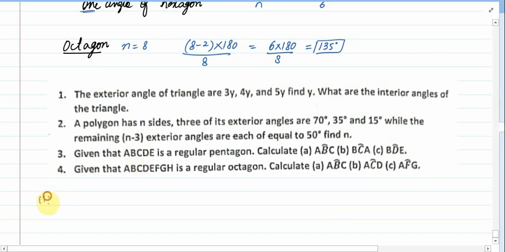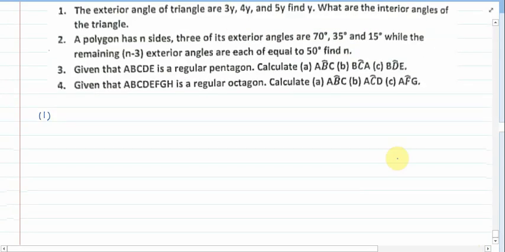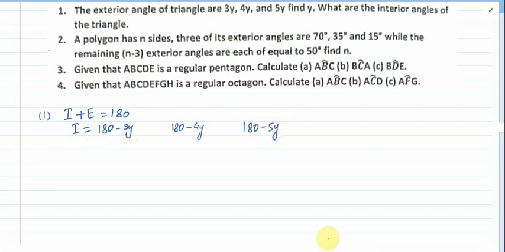For question number 1, if the exterior angle is 3y, we know the working formula that interior plus exterior is equal to 180, right? So exterior is 3y, so interior will be 180 minus 3y. For the second and third, interior will be 180 minus 4y and 180 minus 5y.